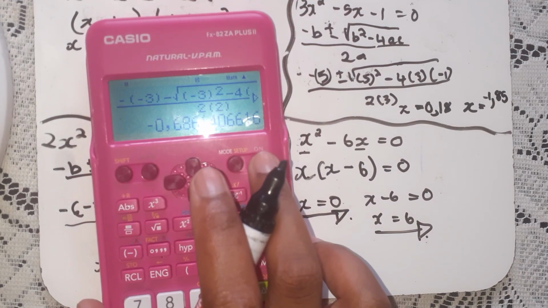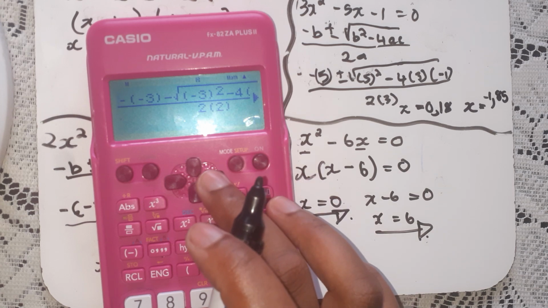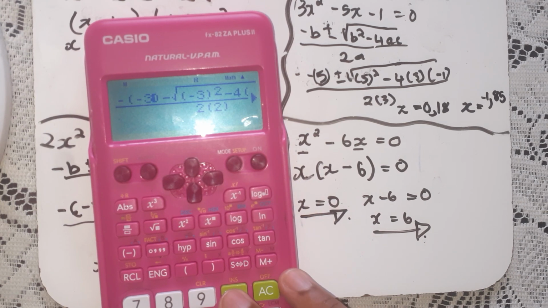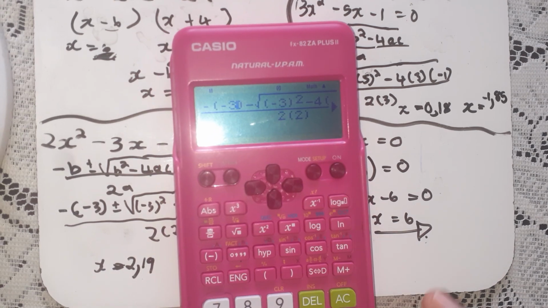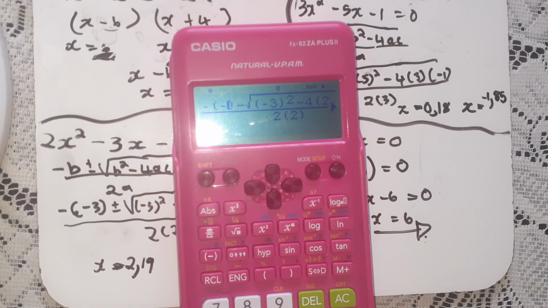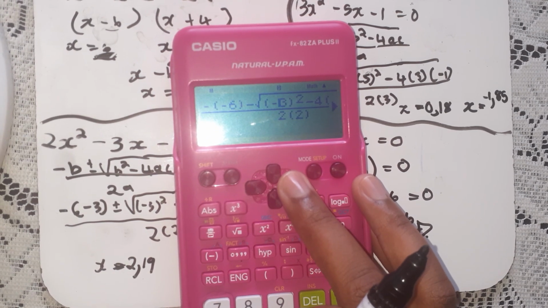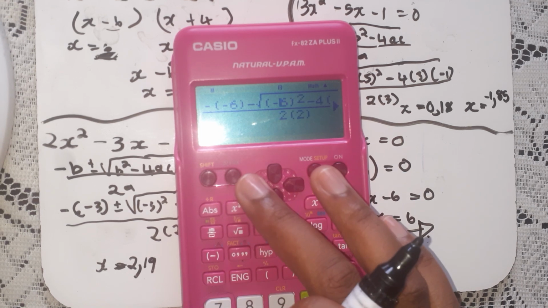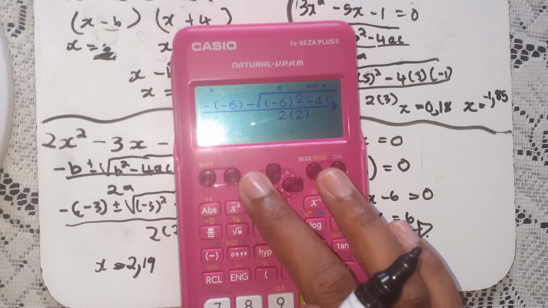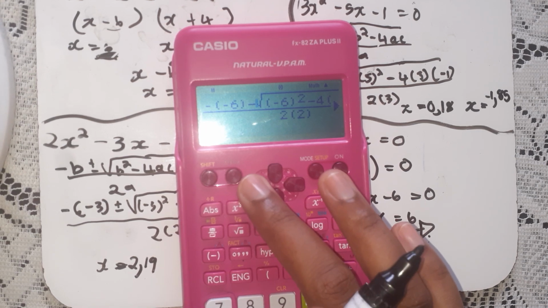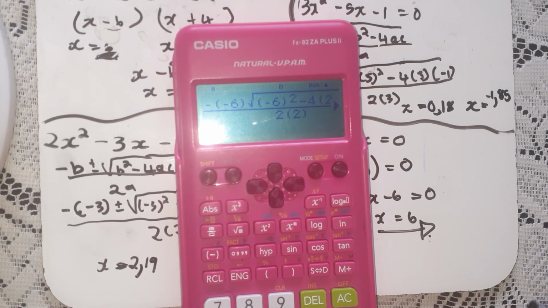Or you can still go here to our beloved quadratic formula, and say negative 6 as b. Yeah, we can start with, let's start with the plus and not switch things around now.